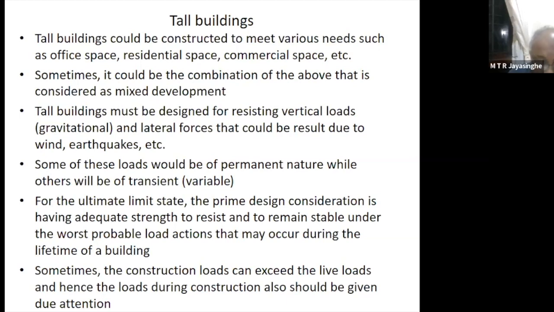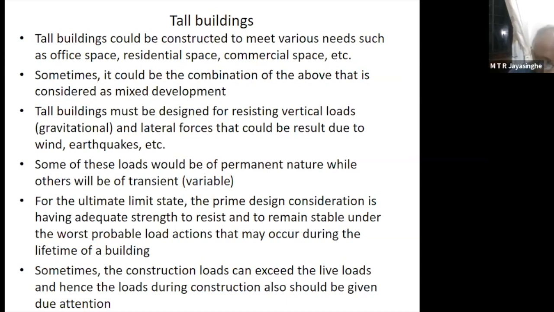So when you have a 150 millimeter thick slab in a structure, only 20 millimeters or 30 millimeters will be above the neutral axis. The remaining 120 millimeters will be below the neutral axis. So this concrete of 120 millimeter thickness is just adding weight, except providing cover to reinforcement.